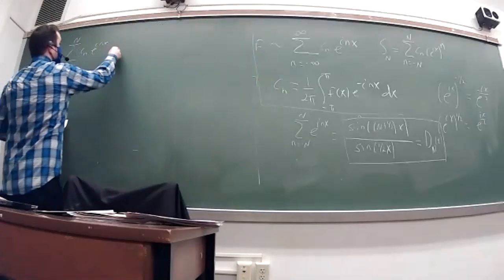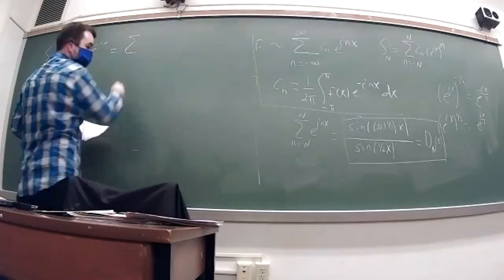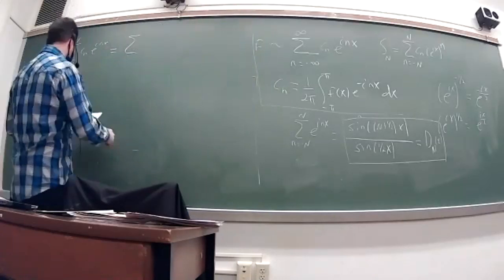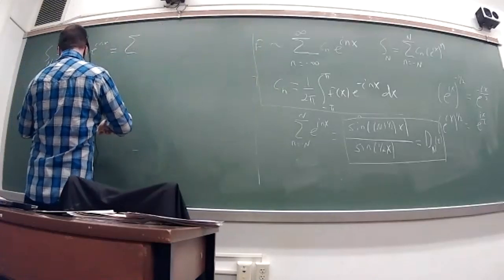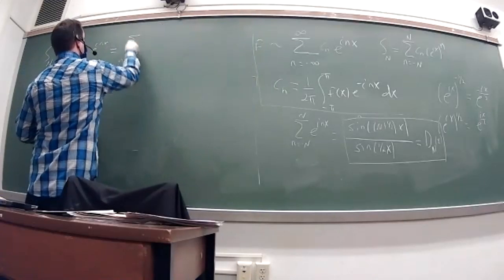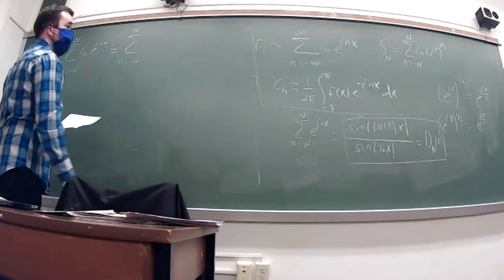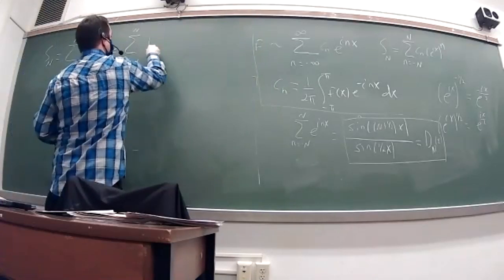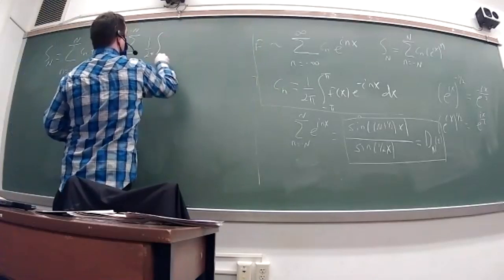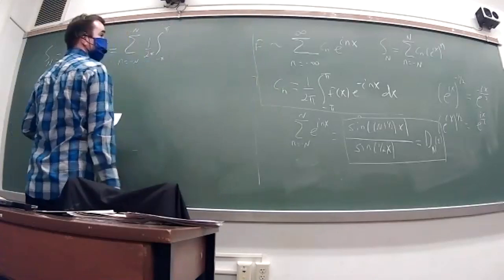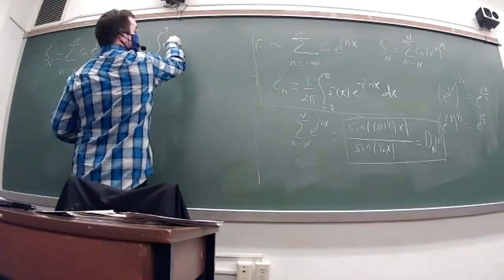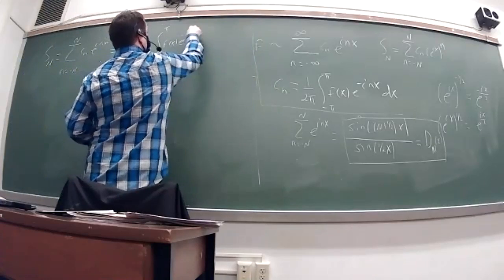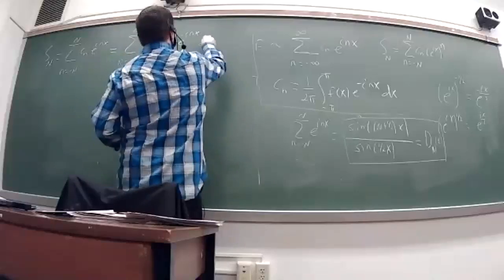And yeah, I'll actually show this. This is like just replacing c sub n with what it's equal to: 1 over 2 pi, integral from minus pi to pi of f of x e to the minus i n x dx.